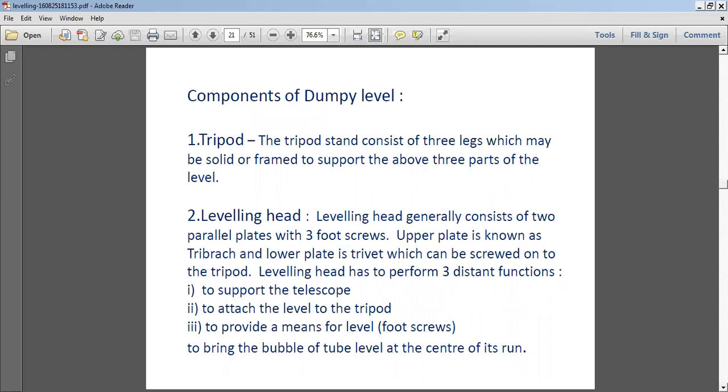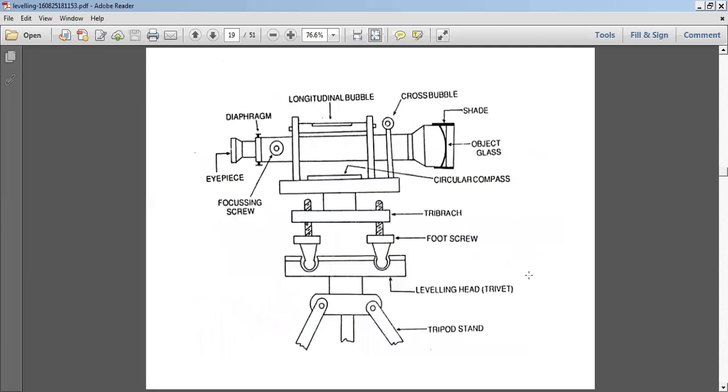Next are the components of a dumpy level, starting with the tripod stand. As we already discussed, the tripod stand has three legs. Here you can see the picture of the tripod stand, with three legs at the bottom.